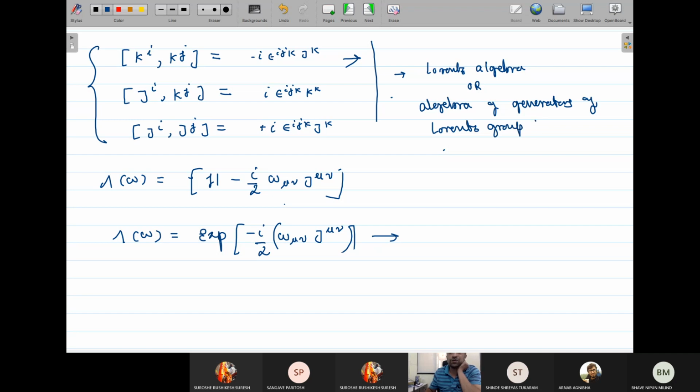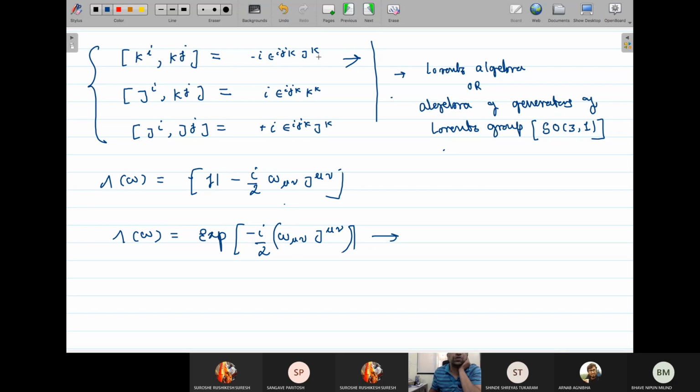The Lorentz group is basically SO(3,1). Here we can see that a combination of two rotations gives you a rotation. A combination of a boost and a rotation will not give you a rotation, it gives you a boost, and a combination of two boosts gives you a rotation.